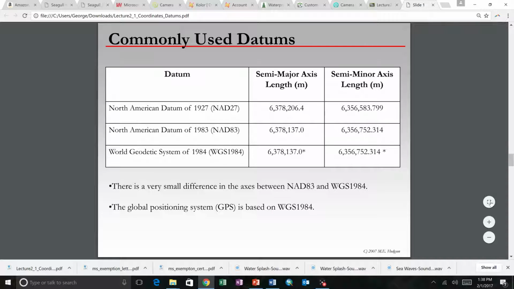Each datum describes the Earth in a different way, and it will turn out to affect the coordinate location of where things are by just a little bit. So a datum and an ellipsoid are almost interchangeable words. The datum is all the information needed: the description of the semi-major and semi-minor axes, and the center of the Earth. The ellipsoid is technically just the two axes that define the shape of the Earth.